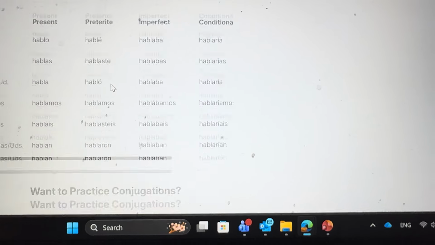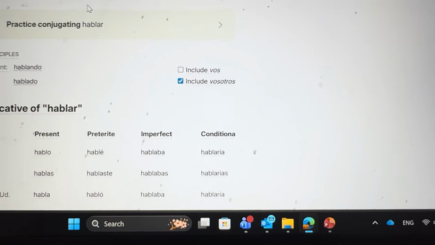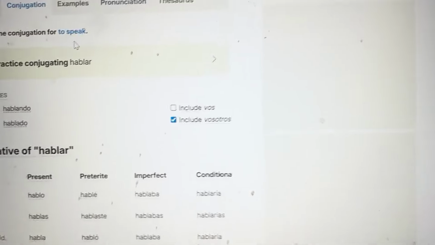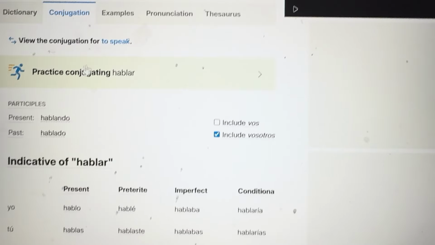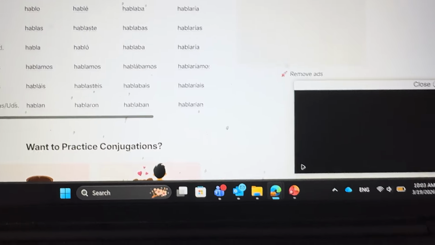Okay, what is conjugation? Conjugation is when you change the verb according to each pronoun. What is a pronoun? Pronouns are I, you, he, she, we, you all, they.